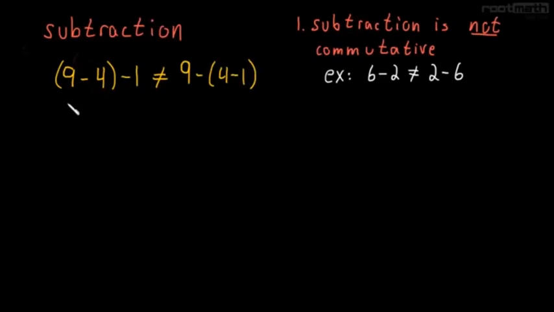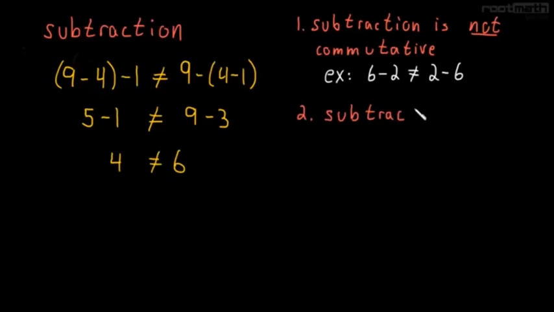And we can go through this just to prove it to ourselves. 9 minus 4 is 5, minus 1. And then on the other side we have 9, well, 4 minus 1 is 3, so 9 minus 3. Those are not equal because 5 minus 1 is 4, and 9 minus 3 is 6. So subtraction is not associative.